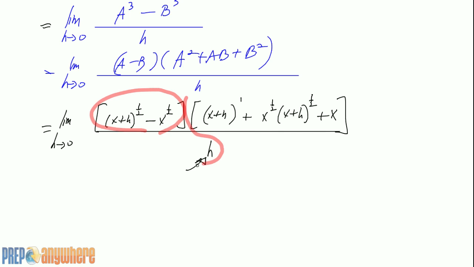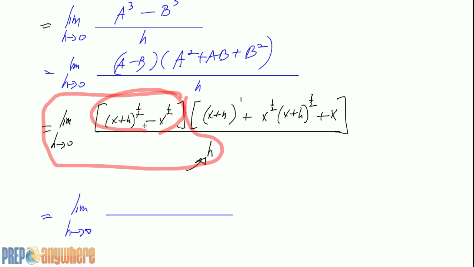Imagine the limit question was just this. What would you do to it? Just that part. You multiply top and bottom by the conjugate. If you multiply this by the conjugate pair, you get this. The bottom I'm going to multiply by the same conjugate pair, so x plus h to the power of half plus x to the power of half.